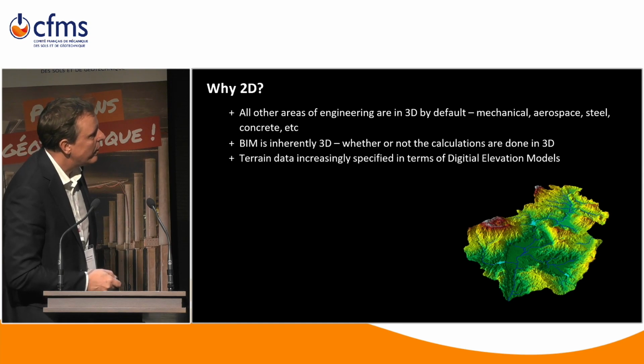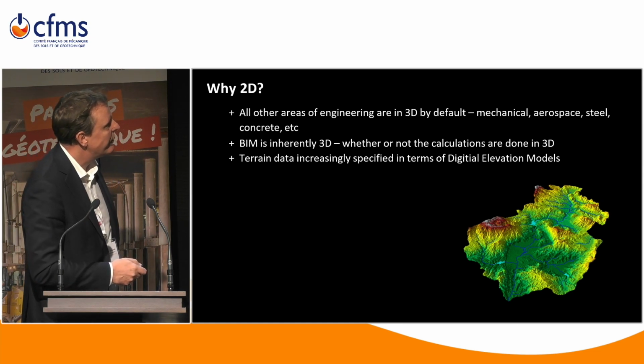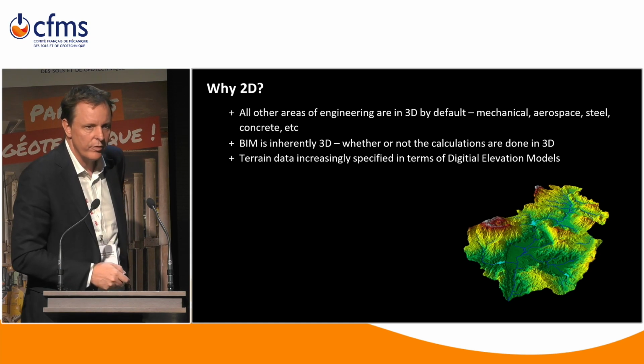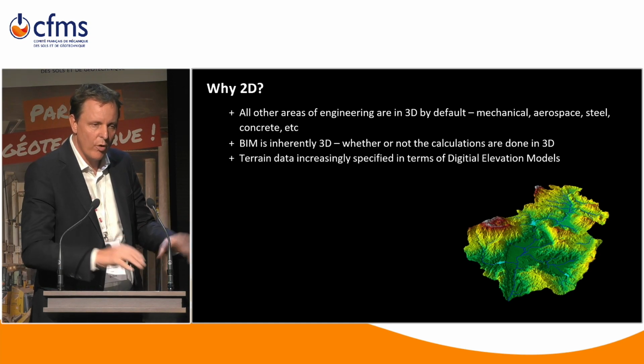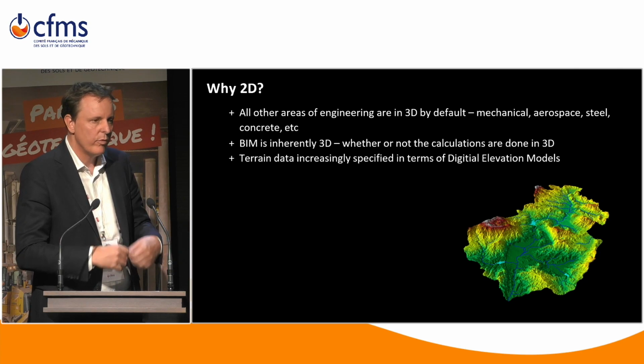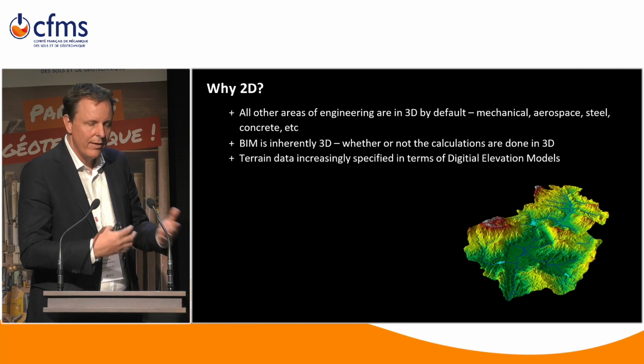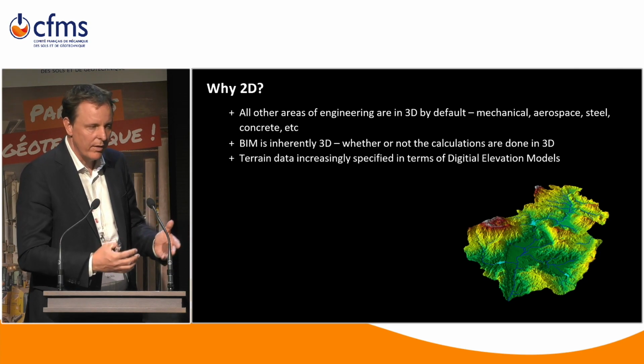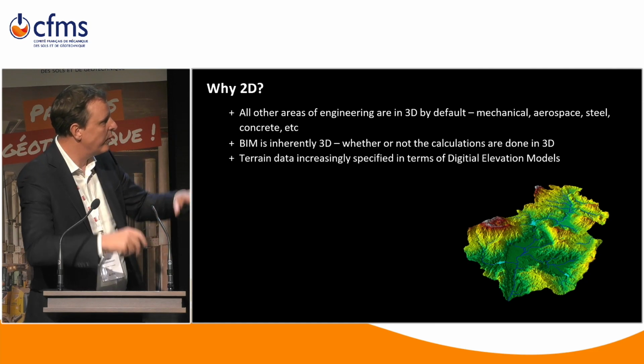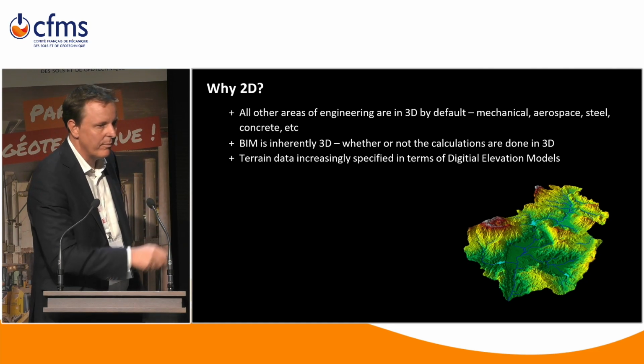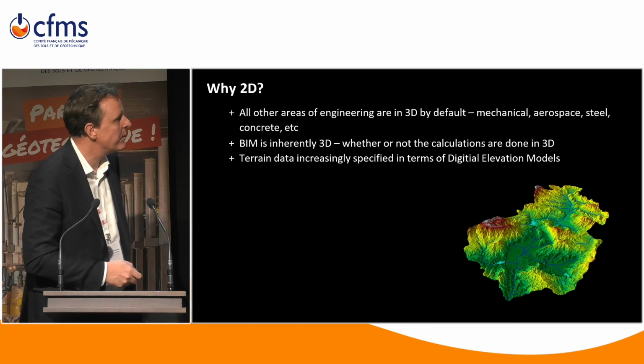In geotechnics, there's also an increasing tendency to work with digital elevation models, point clouds. We are regularly sent large data sets, say 10 million XYZ points that define a landscape like this, and then, okay, do an analysis.